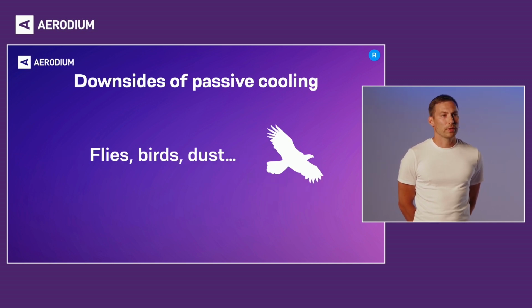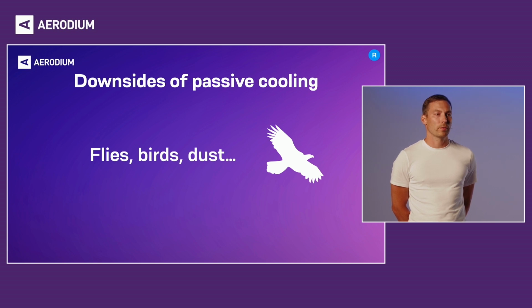Another issue that must be considered is also ingress of particles and sometimes even birds if proper measures are not taken. And this comes down to two main issues. The first one being that you need to clean your wind tunnel more often. All the dust and dirt is going to settle on your components, and especially on the glass, which you want to keep as clear and as clean as possible all the time, because it is your main focal point.